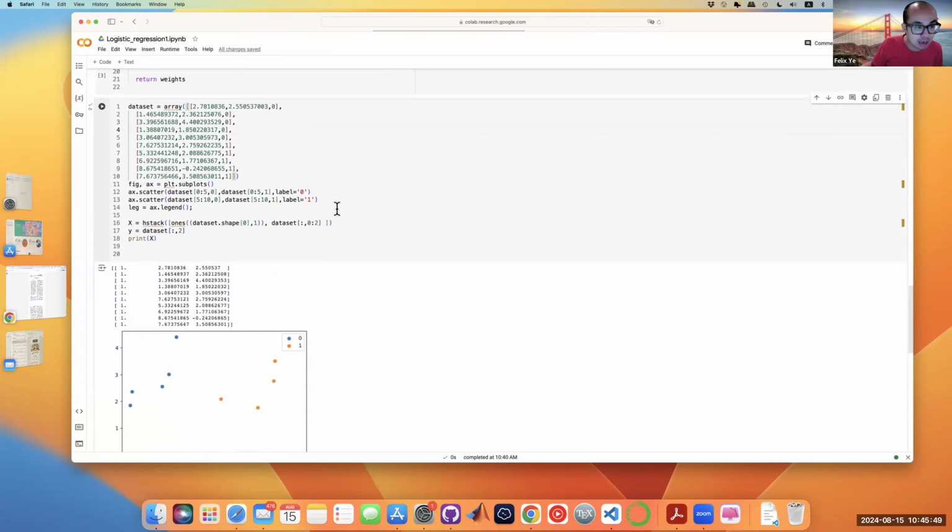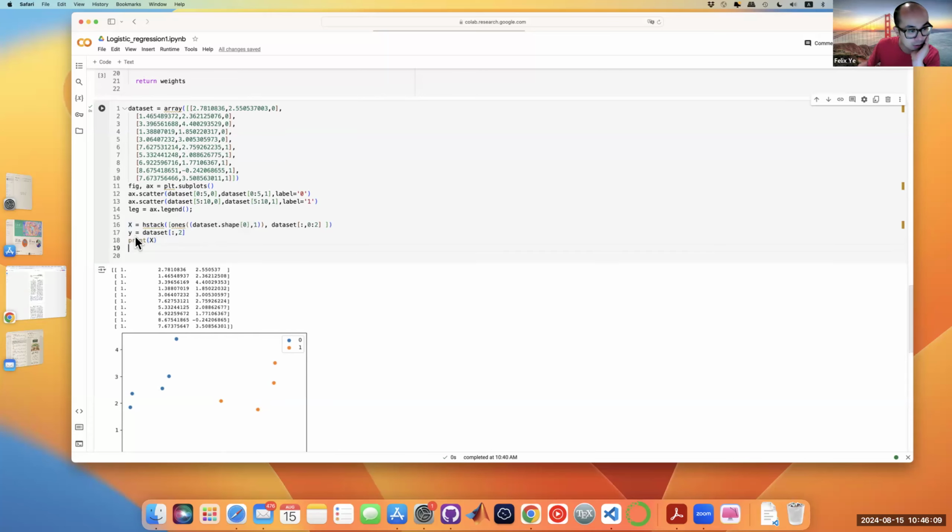With that, we create a new data matrix X, which has 3 columns. The rows are 10, I believe, so we have 10 data points in 3 columns.